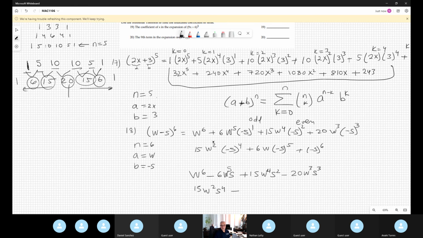The next is negative, negative 6 W S to the 5th power. And the last one is positive because the exponent is even. So, S to the 6th power. This is my final answer. 1, 2, 3, 4, 5, 6, 7. It's expecting 7. Wow.